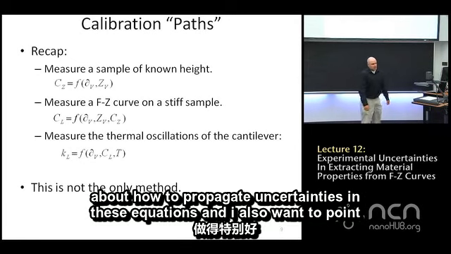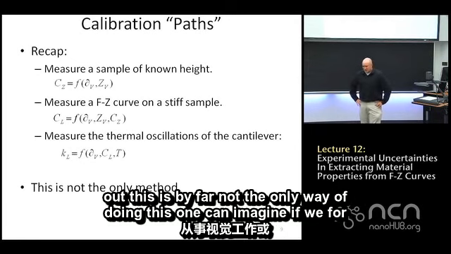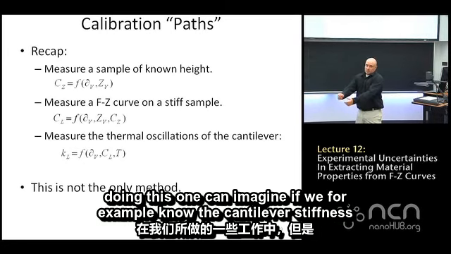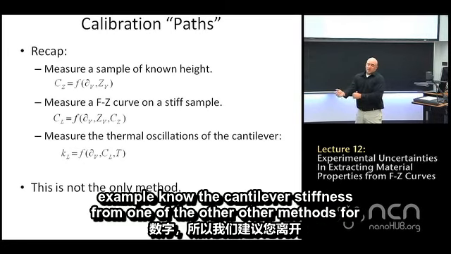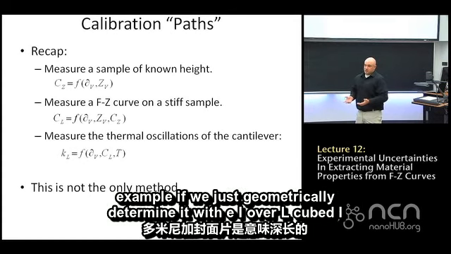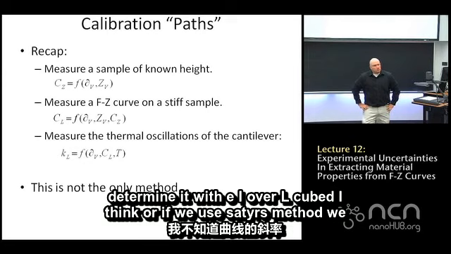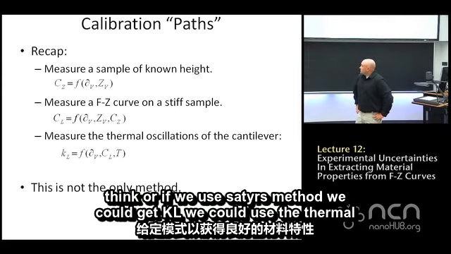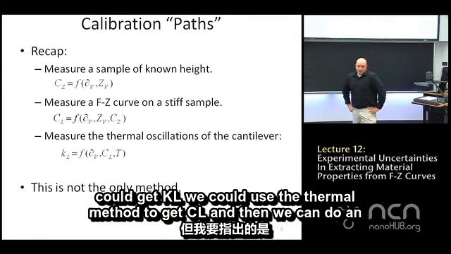And I also want to point out this is by far not the only way of doing this. One can imagine if we, for example, know the cantilever stiffness from one of the other methods. For example, if we just geometrically determine it with EI over L cubed, I think. Or if we use Sader's method, we could get KL. We could use the thermal method to get CL.